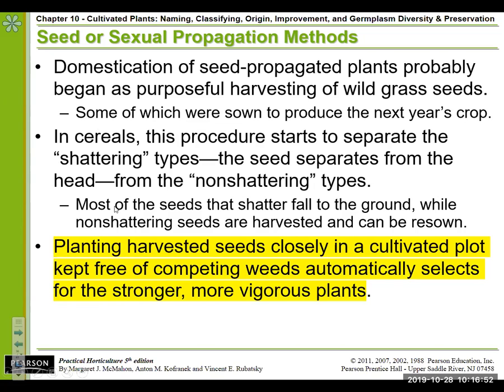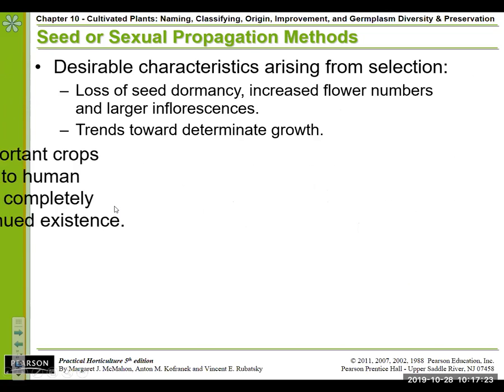This is kind of the basis of crop-based agriculture: if we're planting harvested seeds close together in a cultivated plot where we keep the weeds down, then we're automatically going to be selecting for stronger and more vigorous plants. So as we do that over and over, and we're saving the seeds from the best, we are actually, in a way, participating in the evolution or the cultivation of those plants.